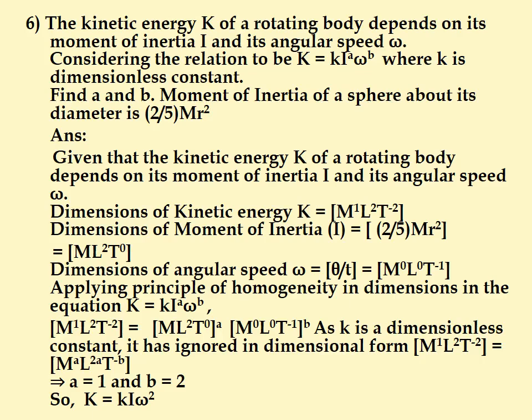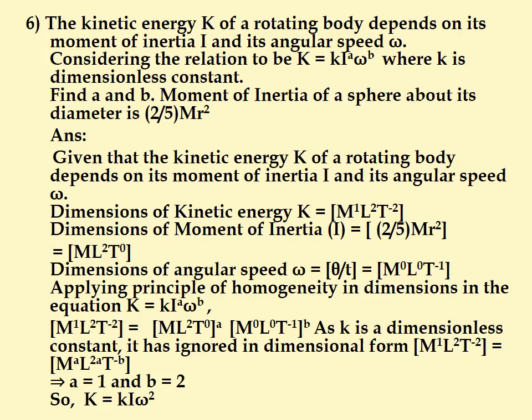So we will get in the form of dimension, the dimension of M to the power of 1, L to the power of 2, T to the power of minus 2 is equal to dimension of M to the power of a, L to the power of 2a, T to the power of minus b.